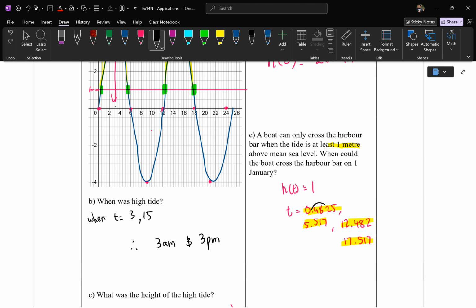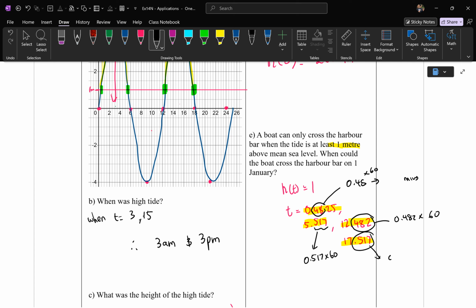So convert 0.4825 into minutes, times by 60. This one is 0.517 times by 60. That will tell you the minutes. Change it to minutes, to the closest minute.